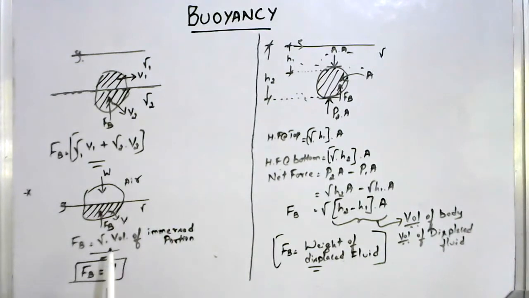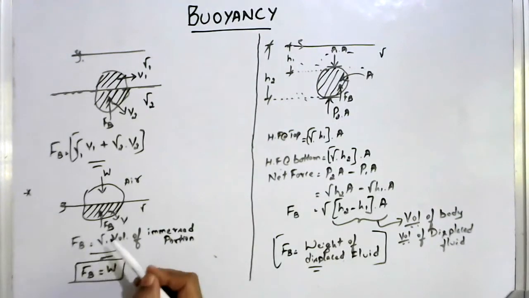This is usually called the principle of flotation: the weight of a body floating in a fluid is equal to the buoyant force, which in turn is equal to the weight of the fluid displaced by the body.